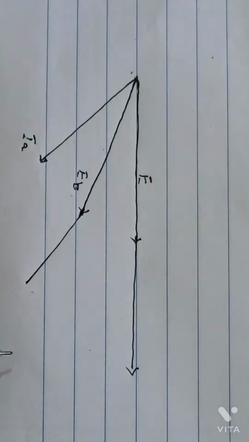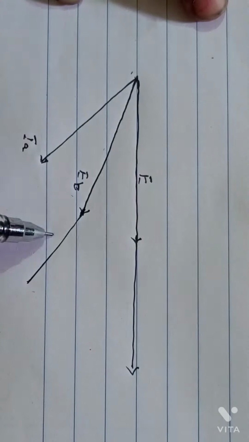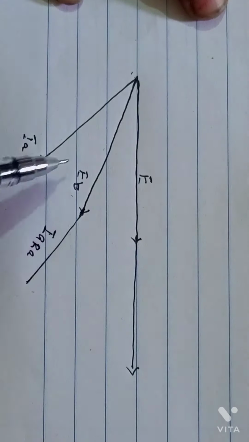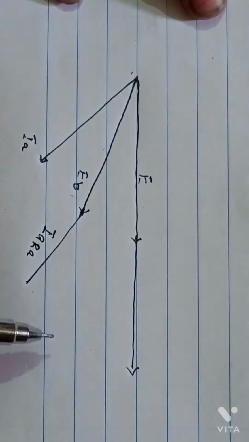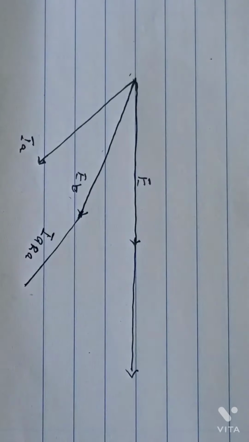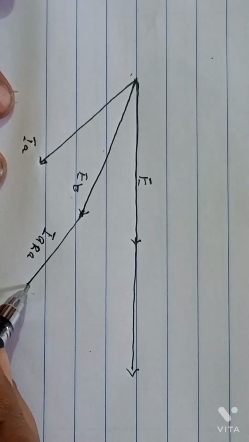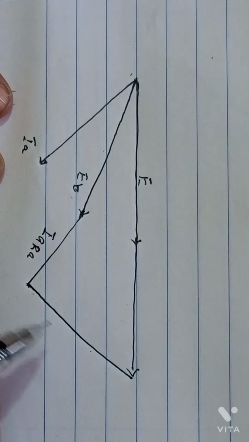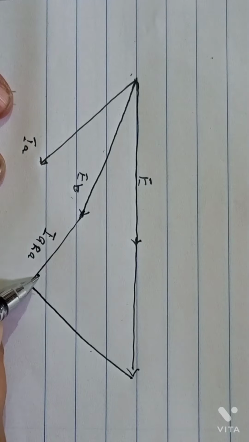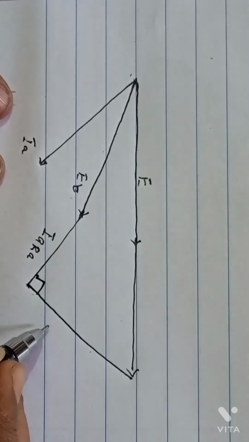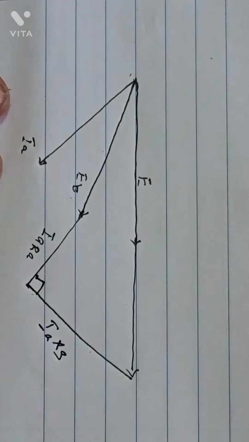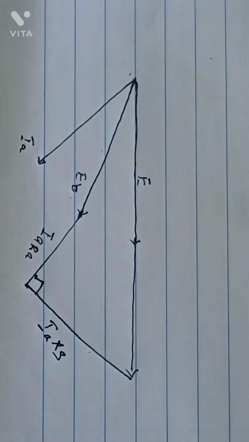Then here it is the IARA. This IARA is parallel to this, right? Now the current flowing through this is 90-degree phase shifted. That's why this is the 90-degree phase shift. It is IAXS. Very clear?